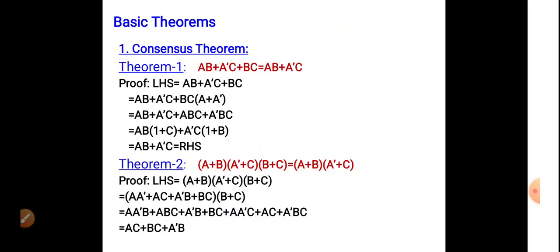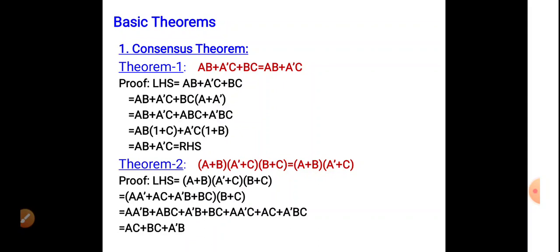In order to prove this, let me apply the previous laws and identities which we have studied till now. I am taking the first two, that is AB plus A bar C, as they are. For the third expression, BC, I am multiplying BC with A plus A bar.